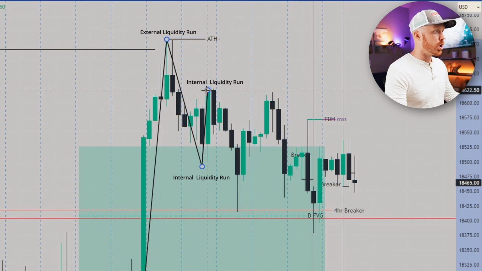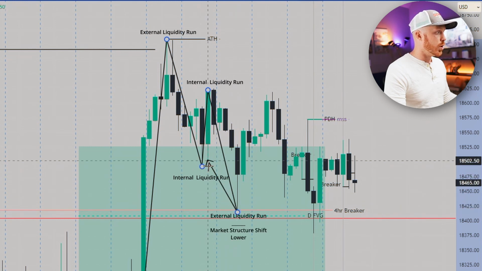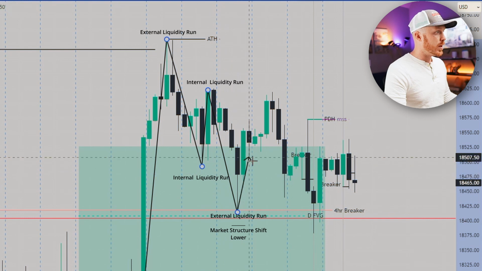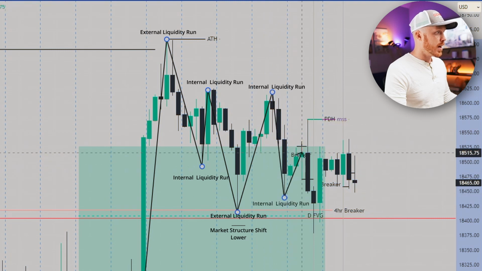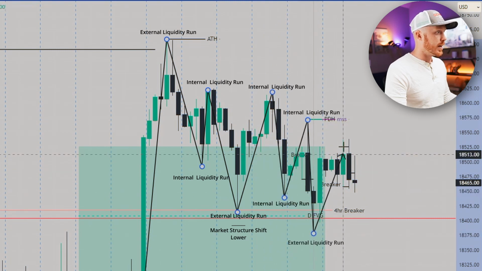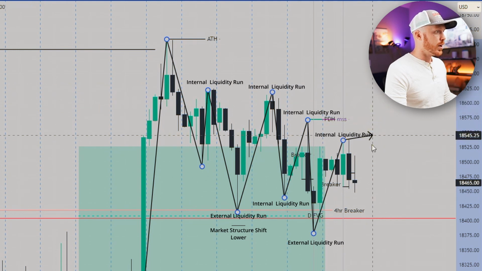However, on a lower time frame, you would see a fair value gap of some kind. Then we broke lower, we grabbed external liquidity again, the lows of this one we ran. Then we went back up just below these highs right here, and then we come back down again, and here we go again and again. This is the pattern that I've seen over and over.